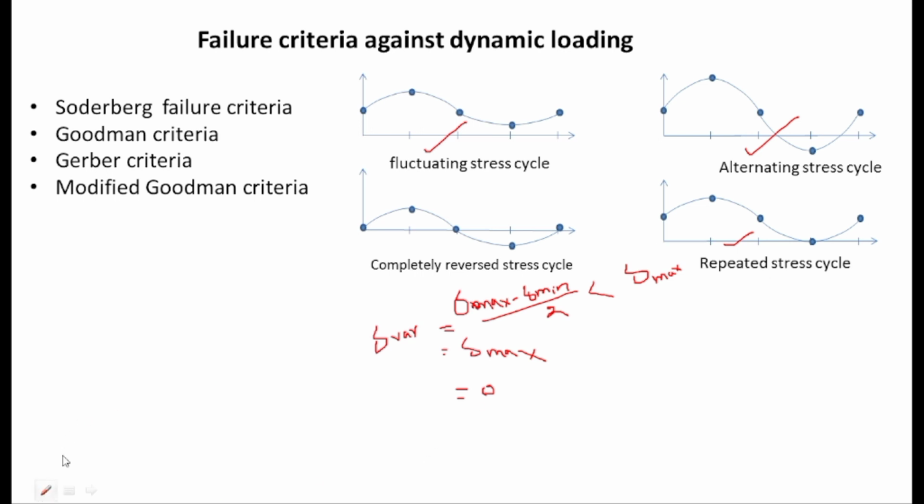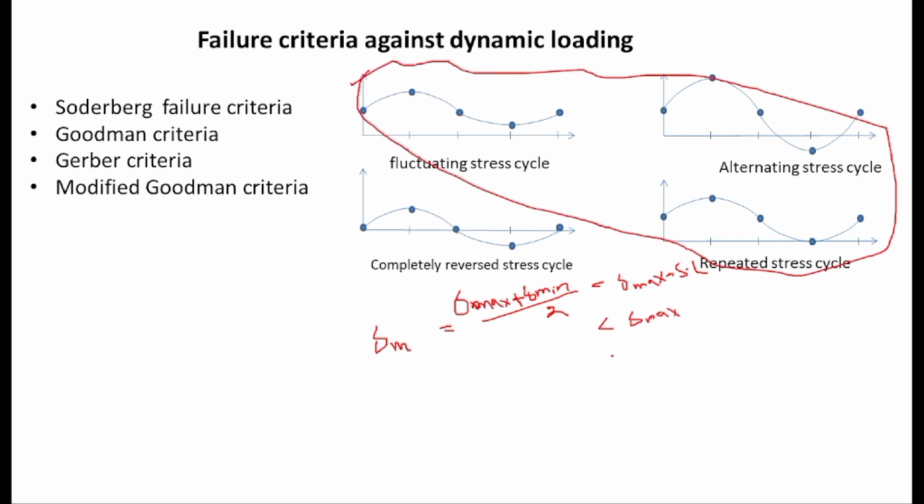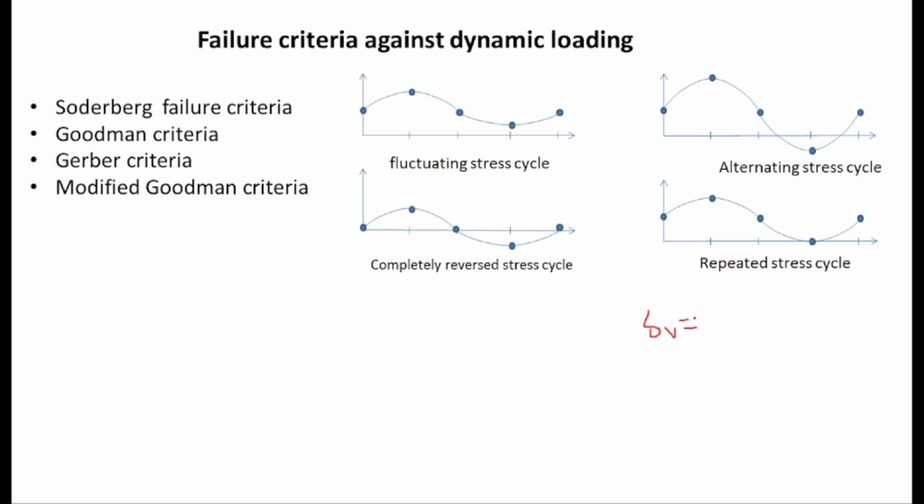After that let's talk about sigma mean or average stress, that is equal to sigma max plus sigma minimum divided by 2, and it is equal to sigma max for the static load and it is less than sigma max for these three. But in case of this completely reversed, it is equal to 0. So sigma variable is equal to sigma max for completely reversed load, but it is equal to 0 for static load, and sigma mean is equal to sigma max for the static load and it is equal to 0 for the completely reversed load.